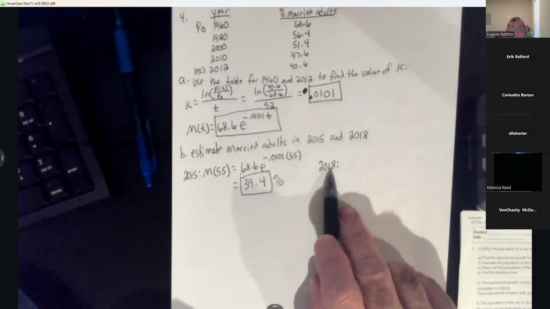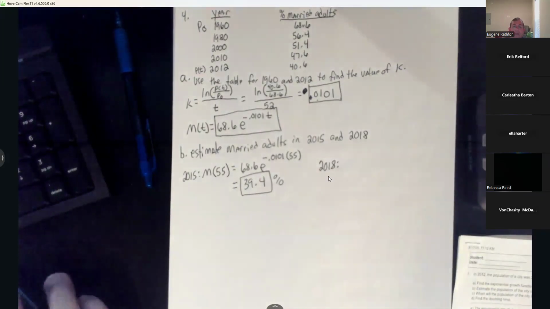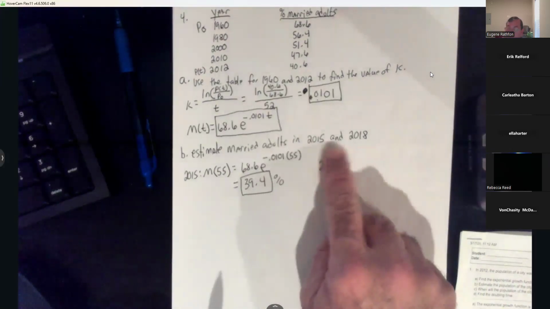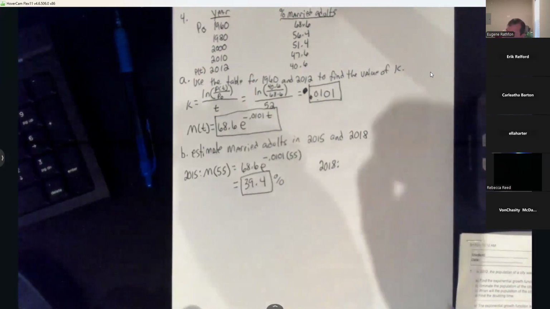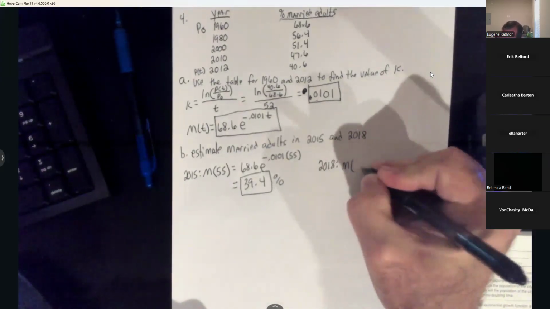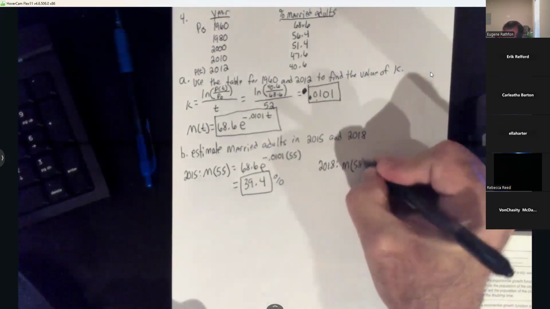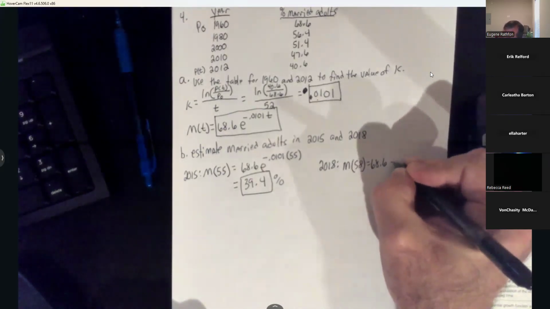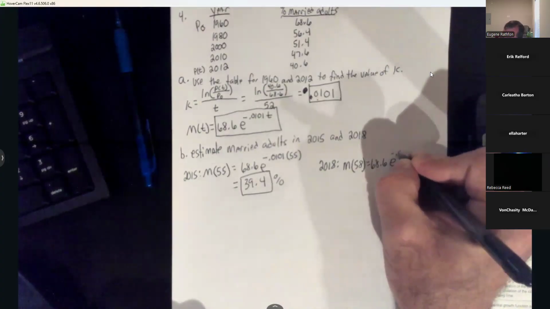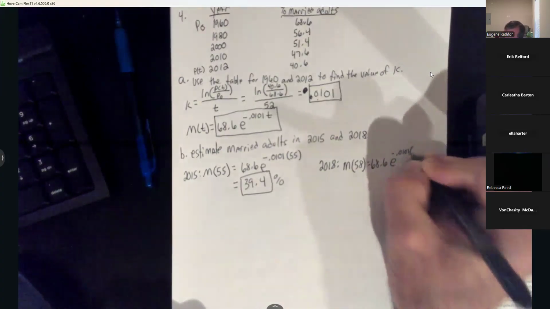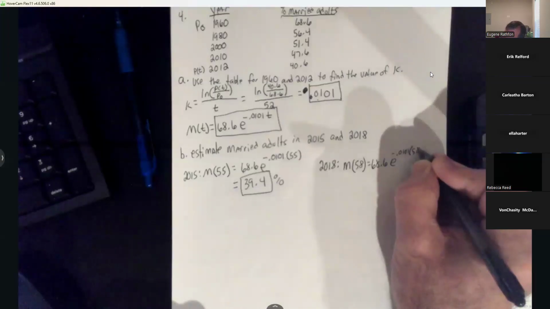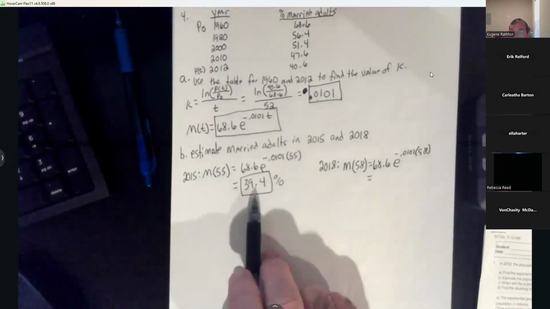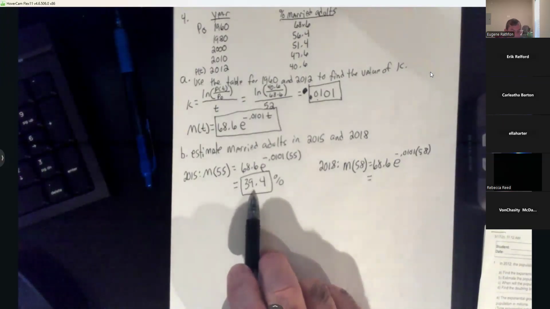All right, so 2018, what is that? So 2015 was 55, so that's 3 more years. So this one will be finding M of 58. So that'll equal 68.6 times e to the negative 0.0101 times 58. All right, it better be even less than 39.4.